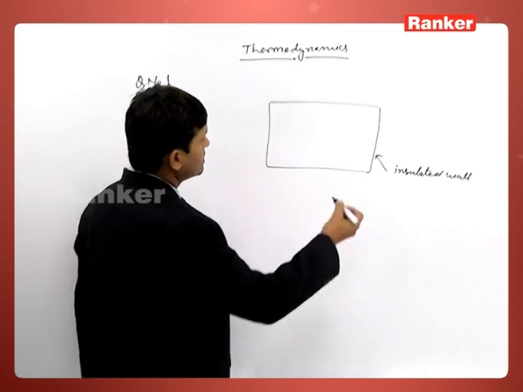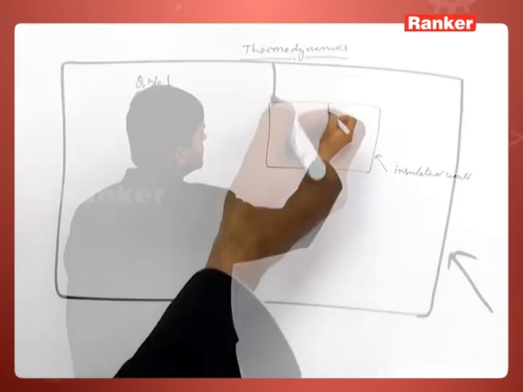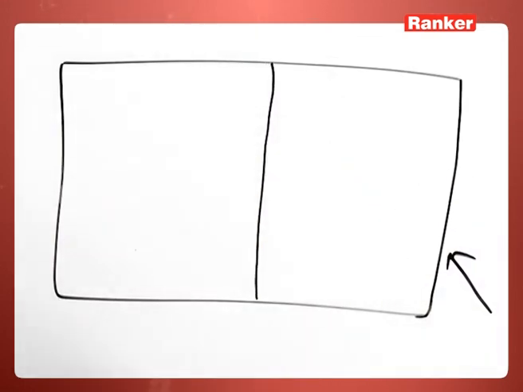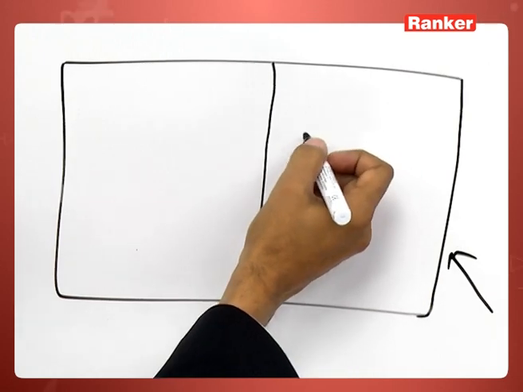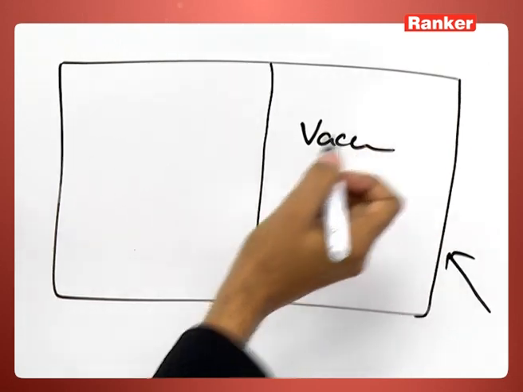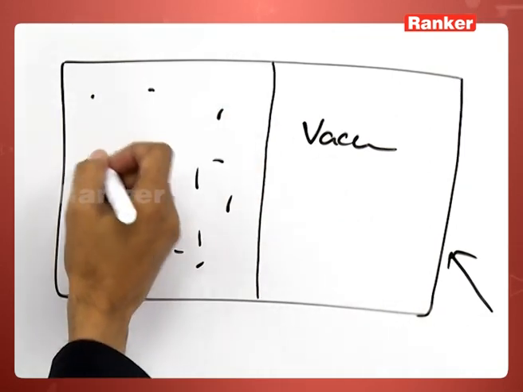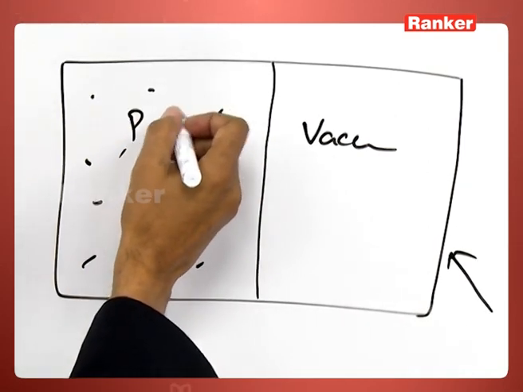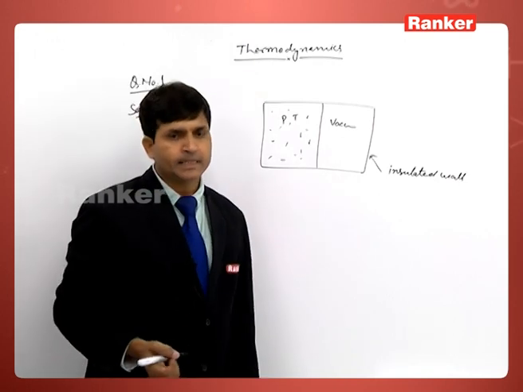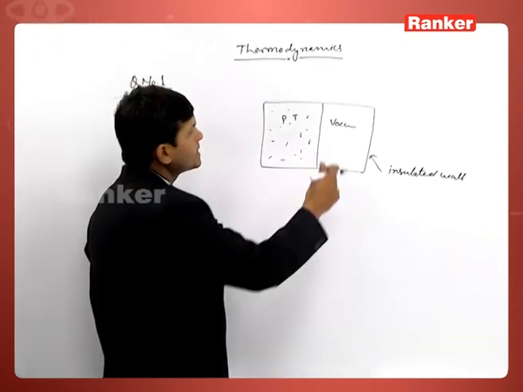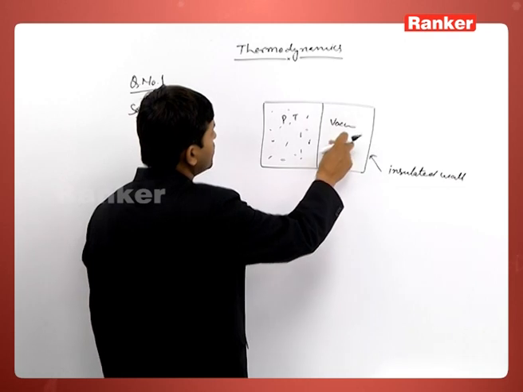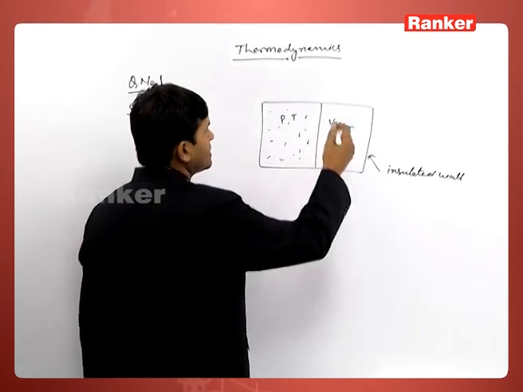And in this container, let this be a partition. Here it is completely evacuated, means vacuum, and here the gas is there, and this gas is at pressure P and temperature T. First of all, since this is a complete vacuum, there is no pressure from this side.